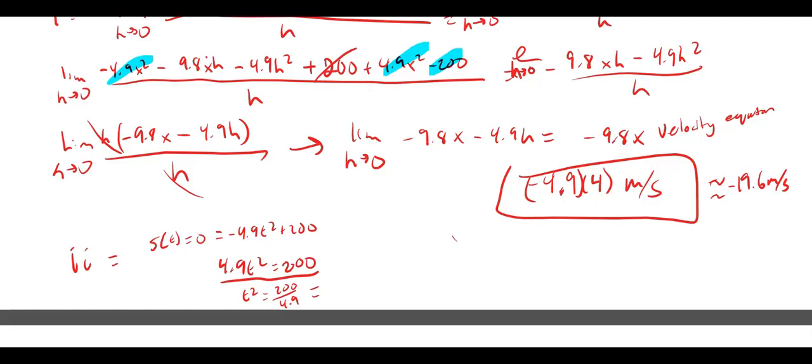All right, and 200 divided by 4.9, roughly. What do you think about 200 divided by 5? I'm being generous on this, it's going to be 40 point something. If it was divided by 5, it would be 40. So I know it's 40 point something.